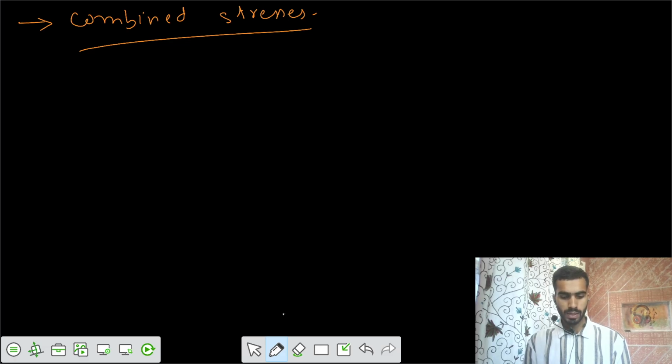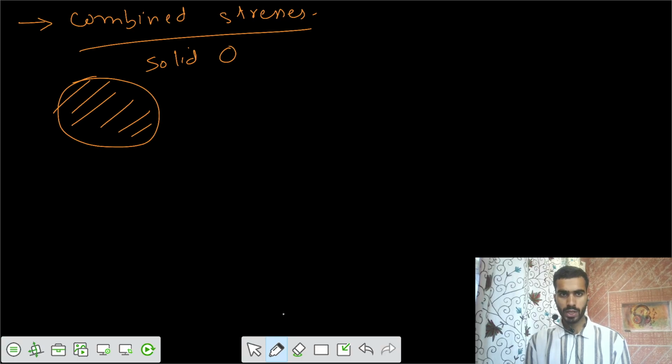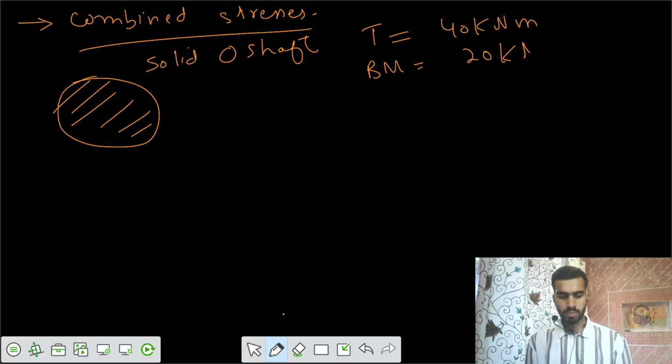So the problem says you have a solid steel circular shaft, which has to carry a torque of 40 kilonewton meter and a bending moment of 20 kilonewton meter.